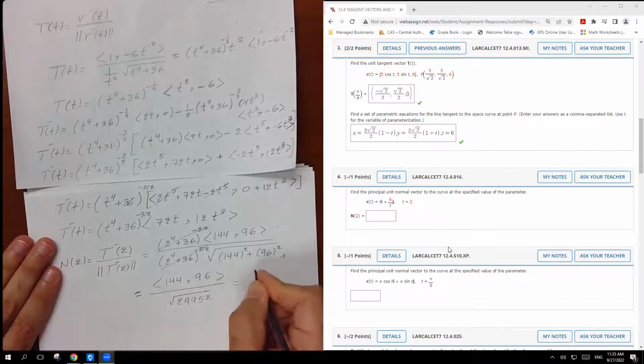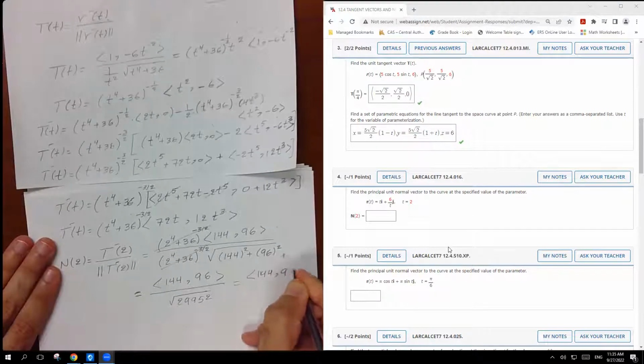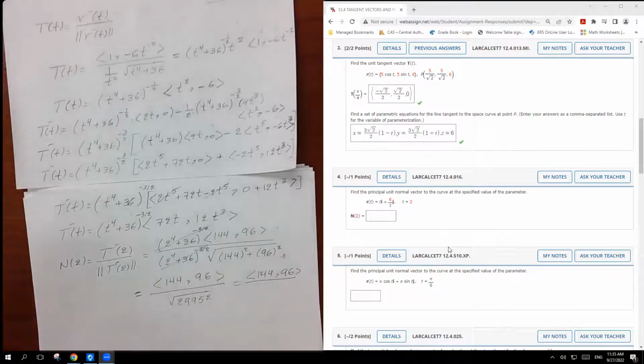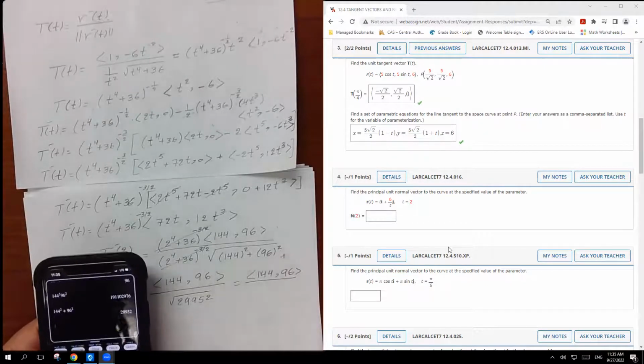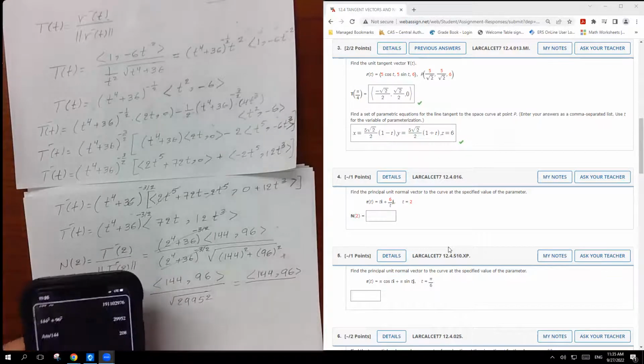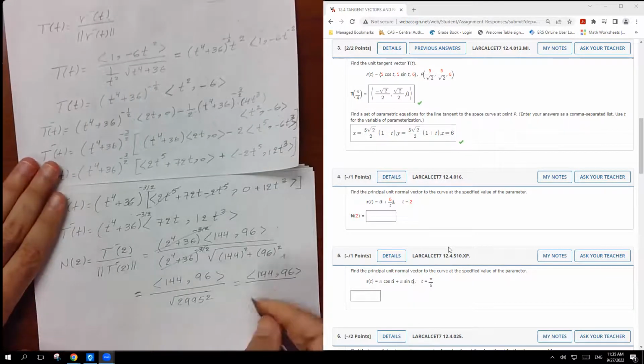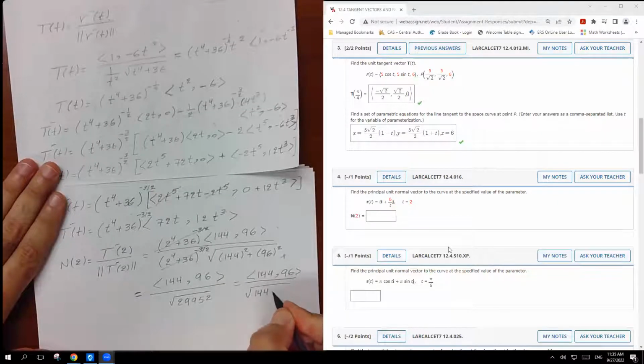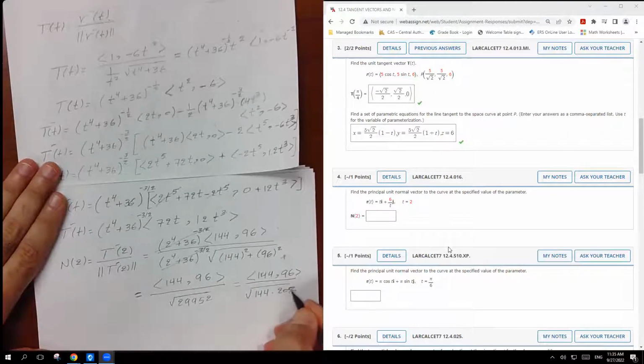Then this one is going to be 144 and 96 divided by, let's check this one. You see the number 2? If I divide it by 144, 208. That's good. So I'm going to say this is 144 times 208.